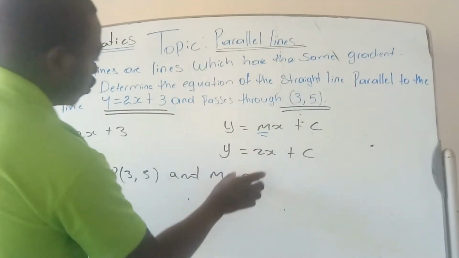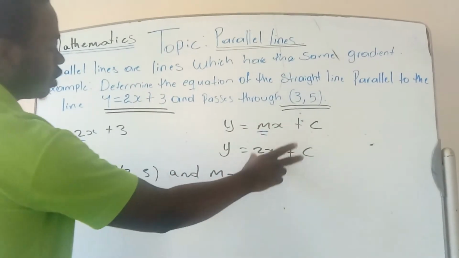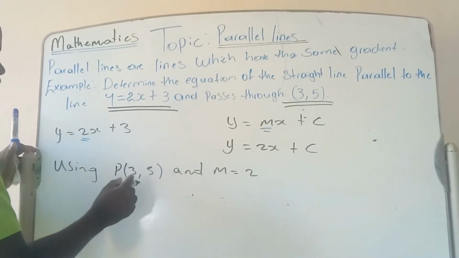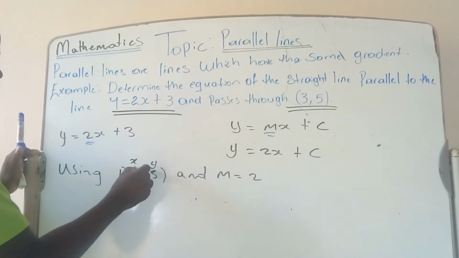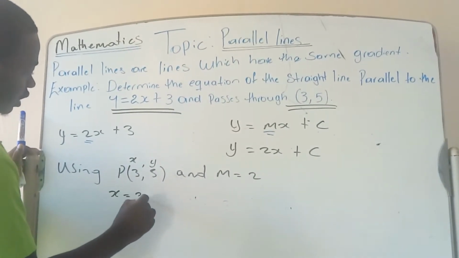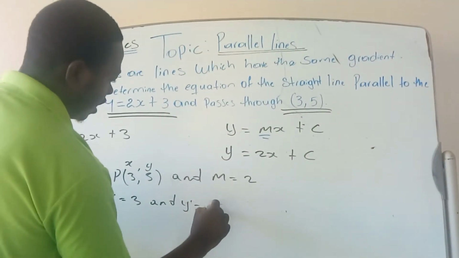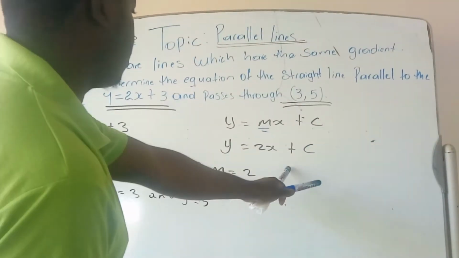So all I need to do is to replace these values in the equation, but we know that points are plotted in the form x, y. So here x is equal to 3 and y is equal to 5. So I can replace it in this equation over here.